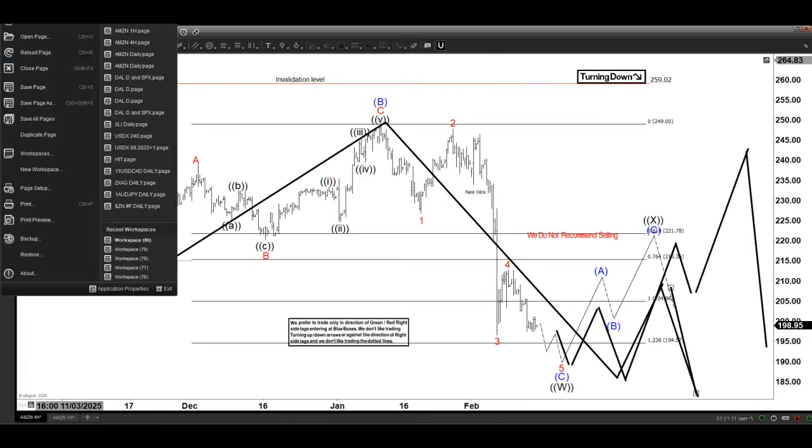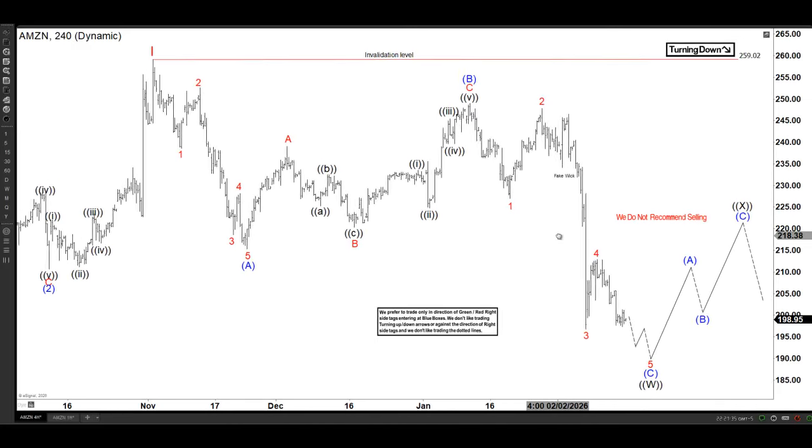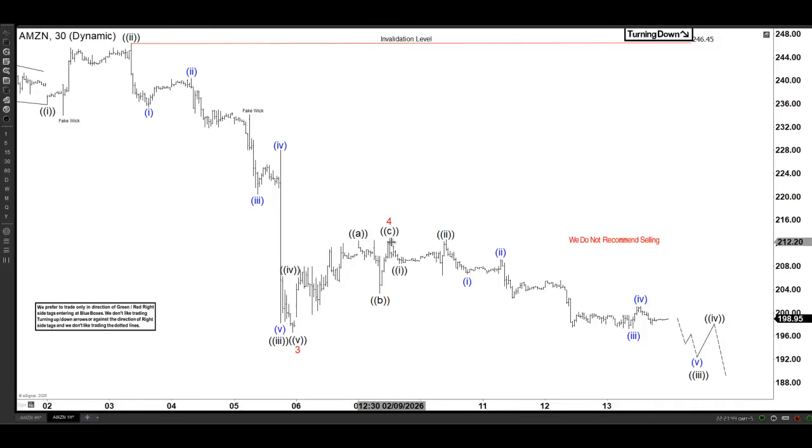Overall, we see it as an ABC, 3 waves, and we should be ending the wave C right here, currently in wave 5 of C, as described here in this 30-minute chart.